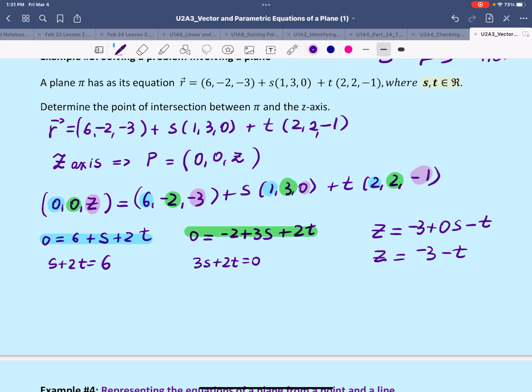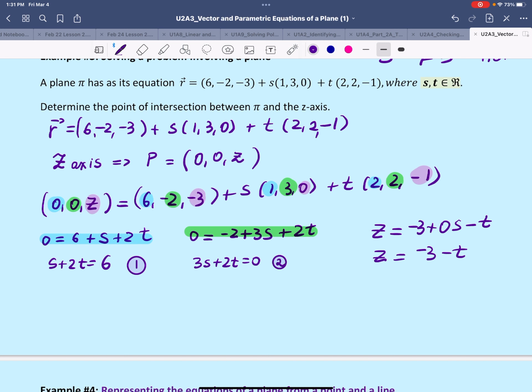So let's check and see what we can find. In this case, remember the goal is to find z. And to find z, we're going to need the value of the scalar t. So see that here we have two equations that connect s and t. So we are going to put the two equations together to solve for s and t.